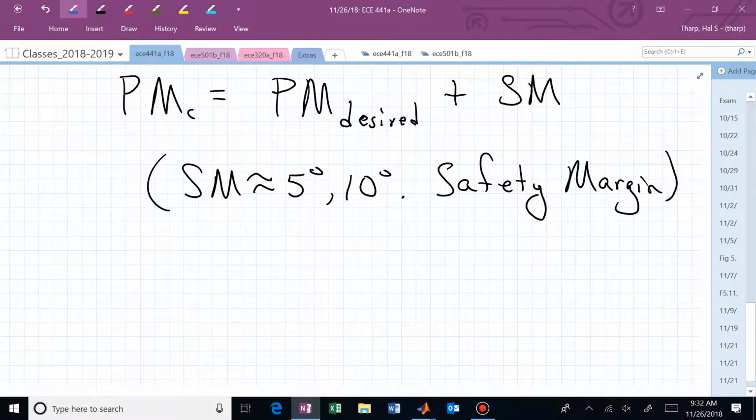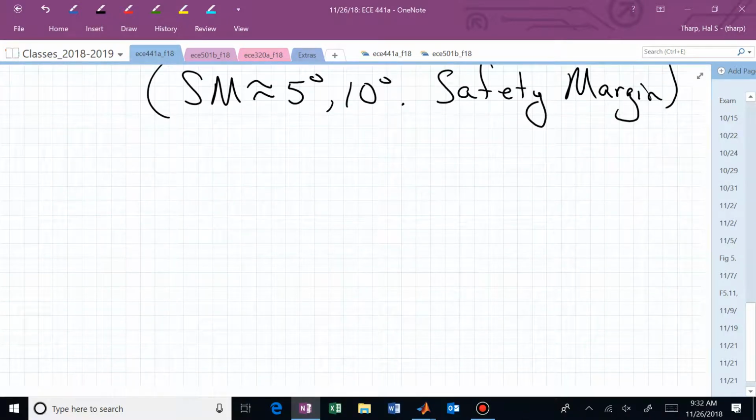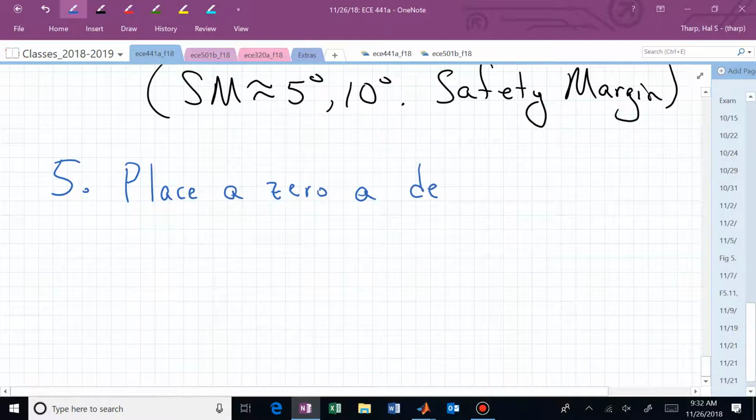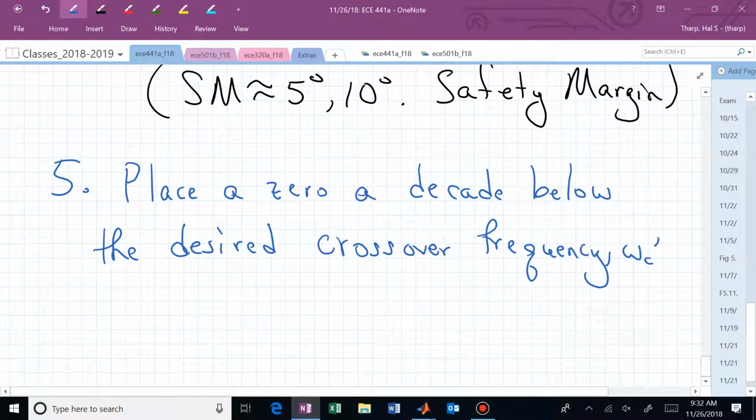Once we've found the new gain crossover frequency, omega sub c prime, in step 4, now we're in a position to actually locate the 0 of our compensator. Now place a 0, as we said, a decade below the desired crossover frequency, omega sub c prime determined in step 4.